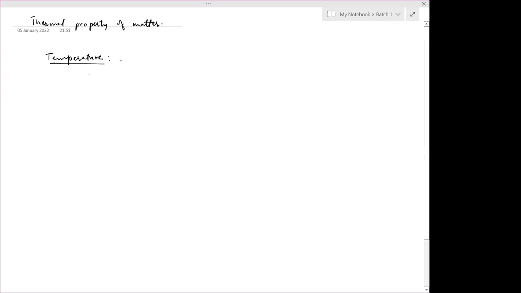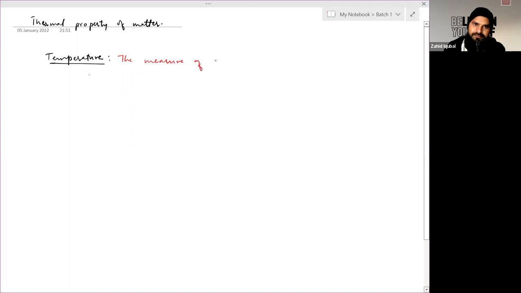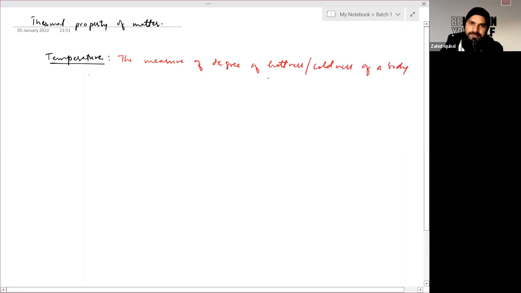Yes, sir. So temperature is the measure of degree of hotness or coldness of a body. It is just a relative term which is defined on the basis of some reference.